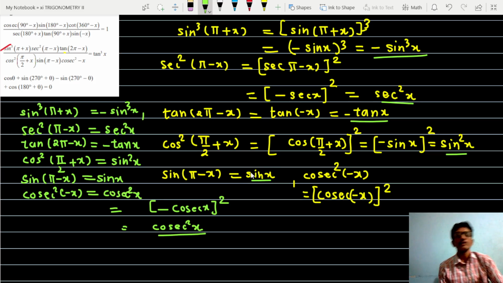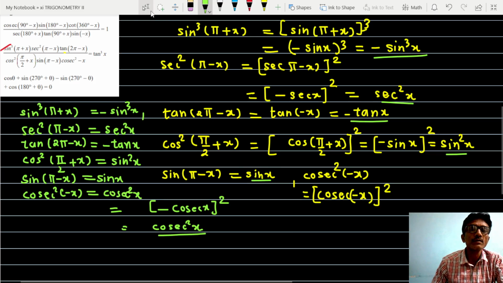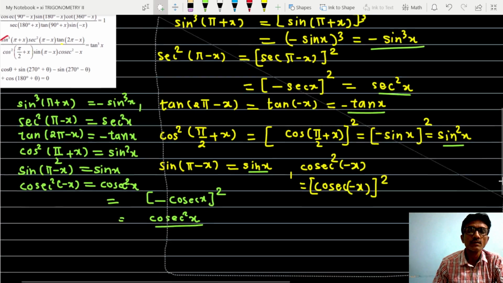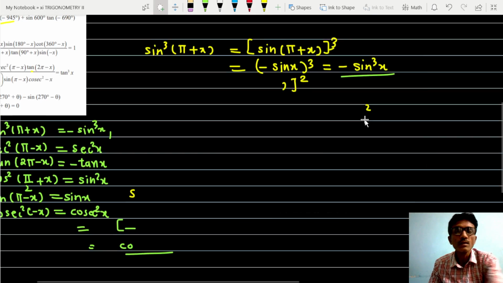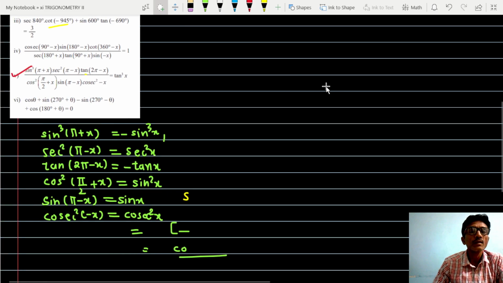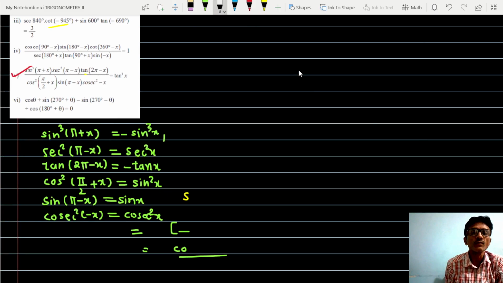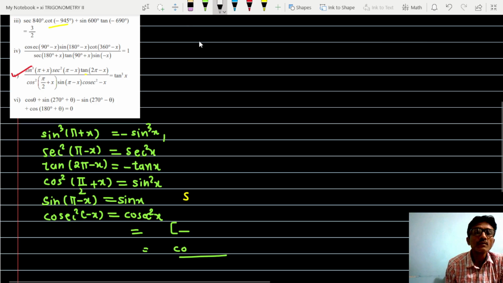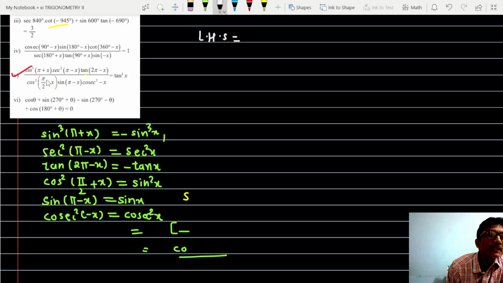Once we have written these values, we will substitute them in the expression. LHS is equal to: sine cube of pi plus x is minus sine cube x, and sec square of pi minus x is sec square x.